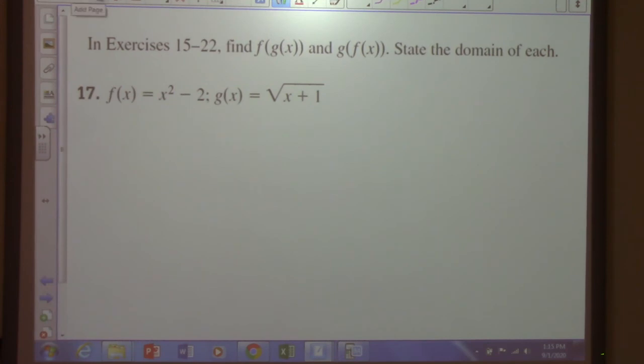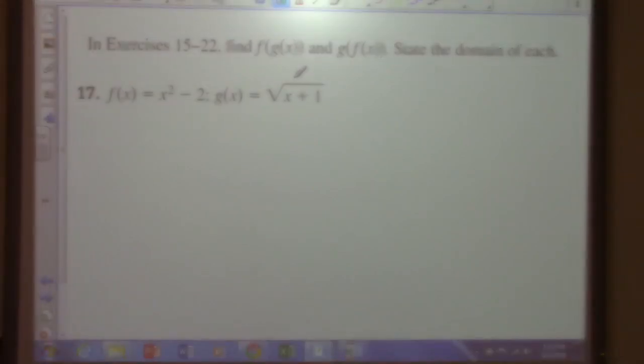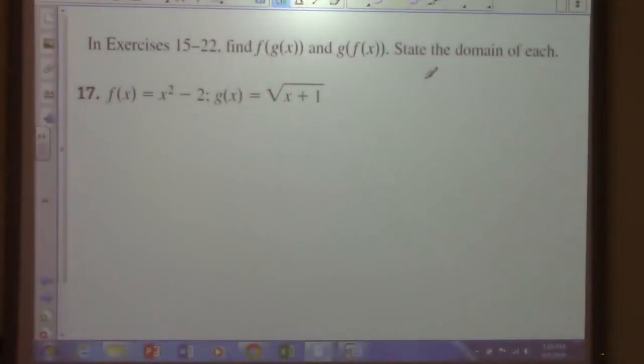Let's go on here. So do we have a domain restriction on f of g of x? Plus or minus 1. What's our exclusion you see right here?